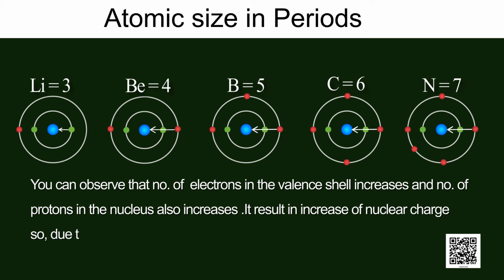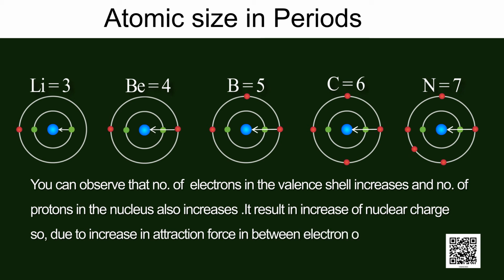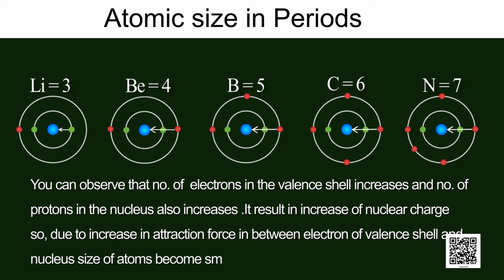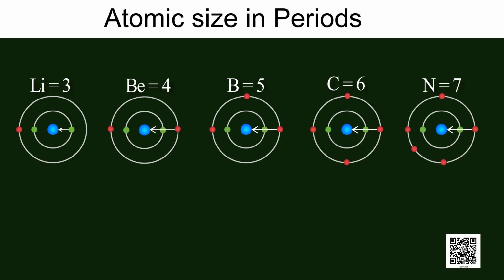So, due to increase in the attraction force between electrons of the valence shell and the nucleus, the size of atoms becomes small. So, in periods, on moving from left to right, the size of atom decreases.